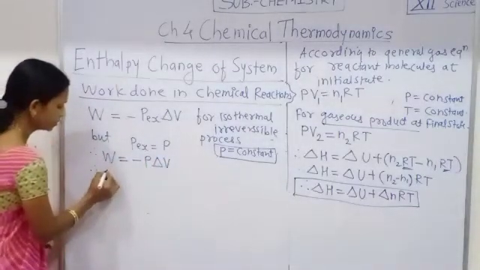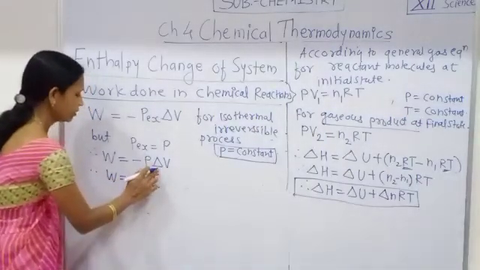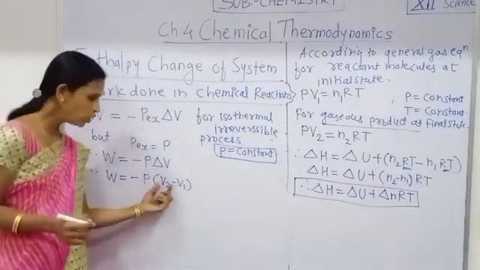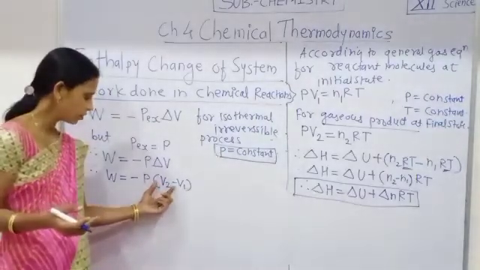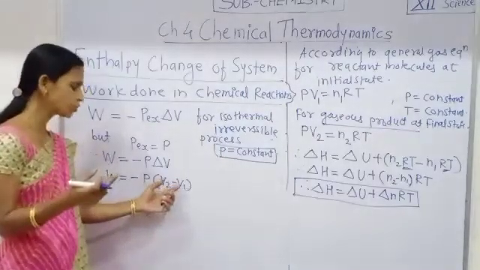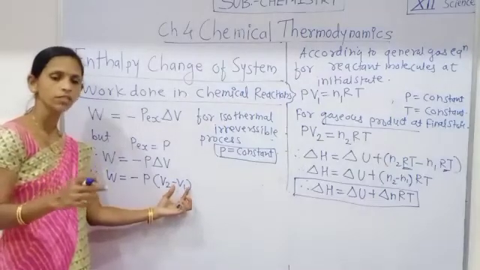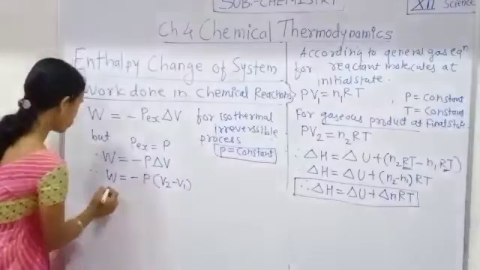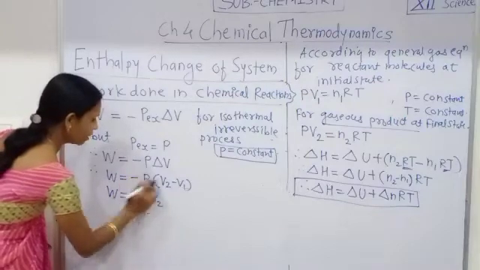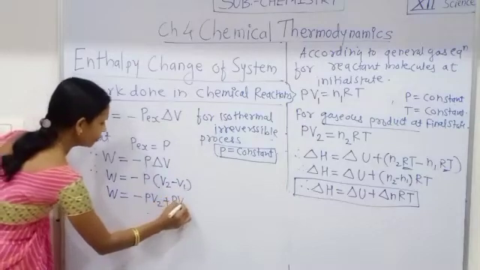Therefore here W is equal to minus P, that is delta V, meaning V2 minus V1, that means the volume at final state of the system or volume of the product when the system reaches the final state, and V1 is the volume of reactant molecules when the system is at initial state, and therefore W is equal to minus PV2 minus into minus V1, that is plus PV1.